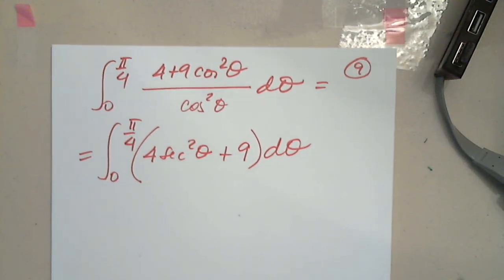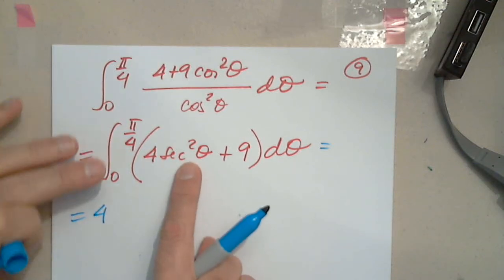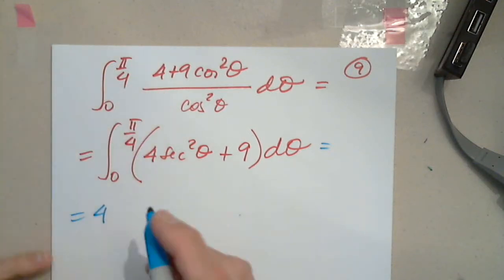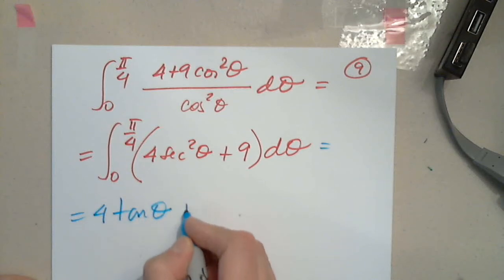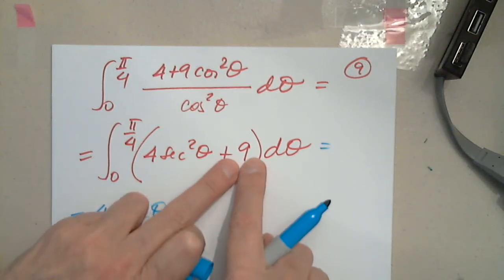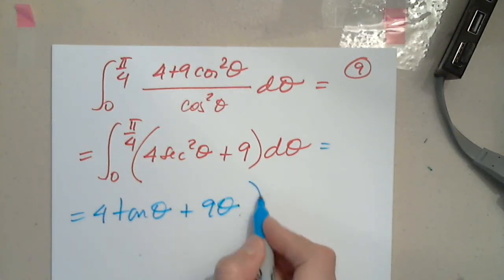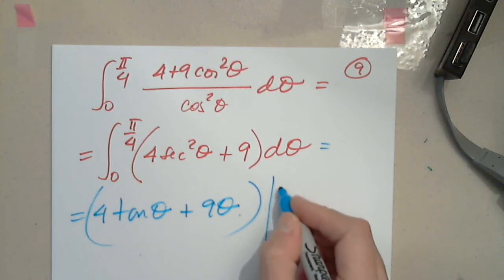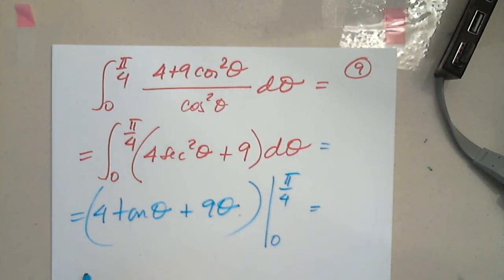So now I have 4 outside. The integral from secant squared, which function prime is secant squared, so it's tangent, plus which function prime is 9, so it's 9 theta, from 0 to pi over 4. Let's stop and see if you have any questions here.